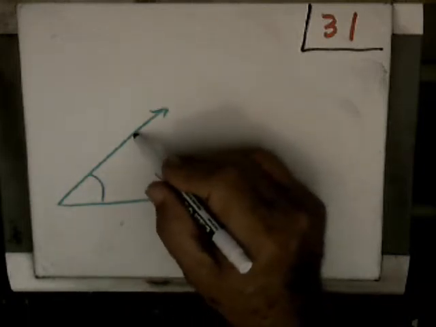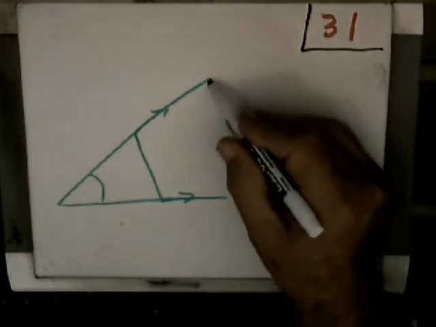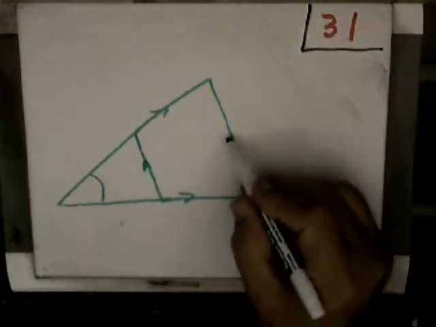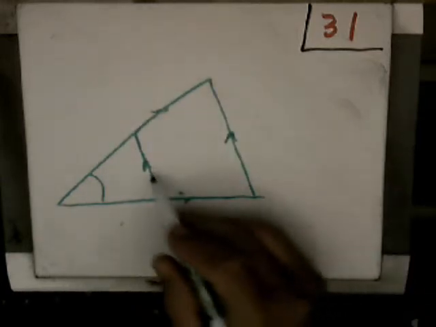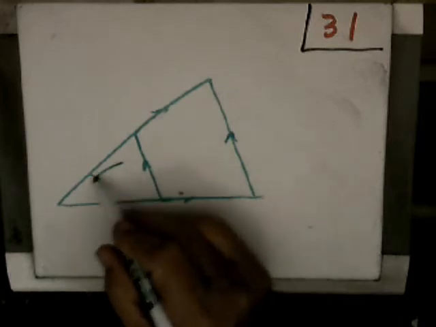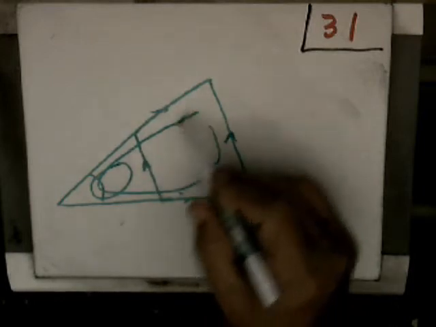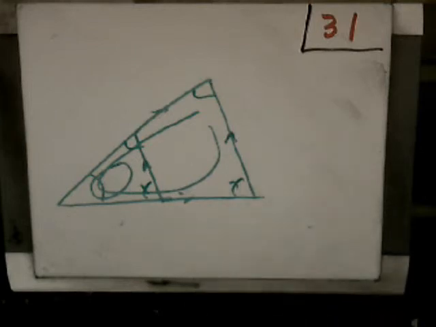If I were to drop a line down here, continue this on out, and then drop another line down here, if these two lines were in fact parallel to one another, then this triangle is similar to the larger triangle, because parallel lines with a bisector will give me equal angles. Since I have my angles equal, my triangles are in fact similar. So I can do a ratio and proportion to various parts.